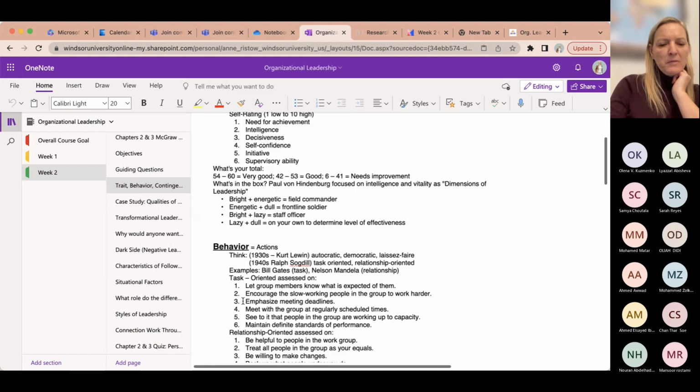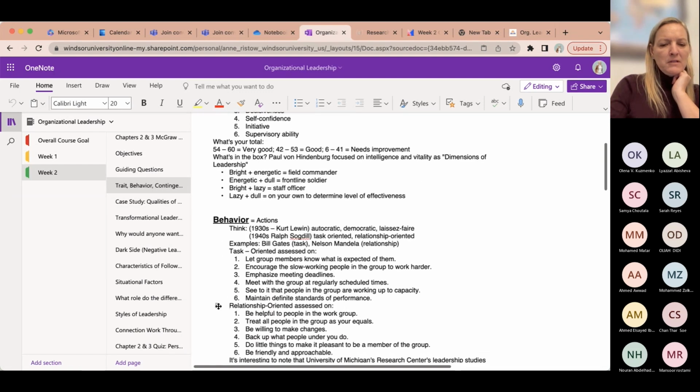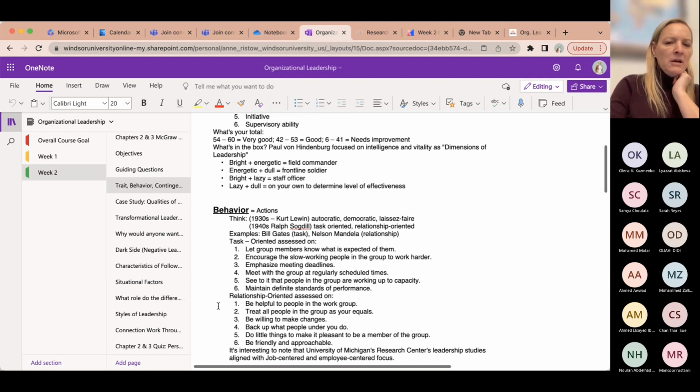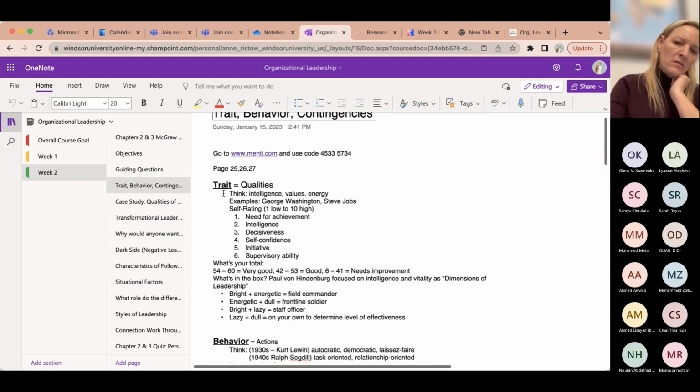So our traits and our behaviors are definitely going to impact the outcomes that we receive from our leadership.